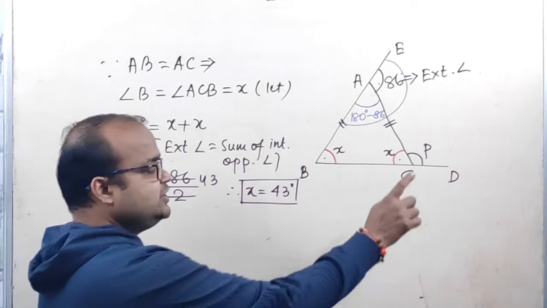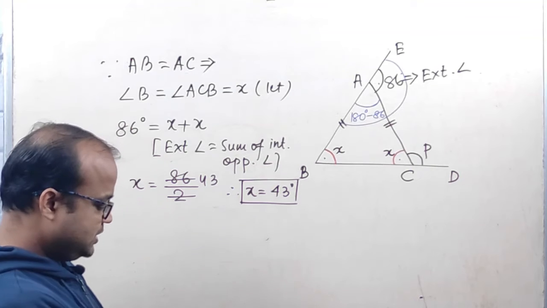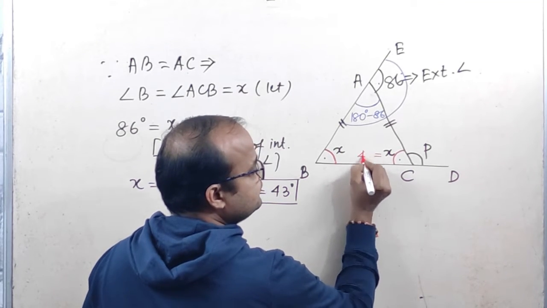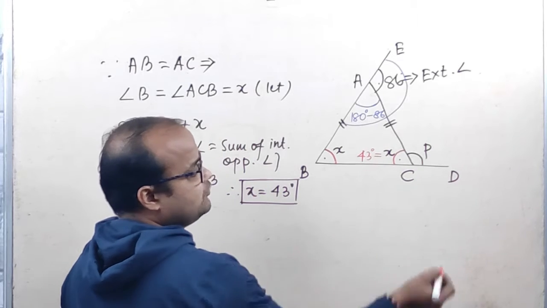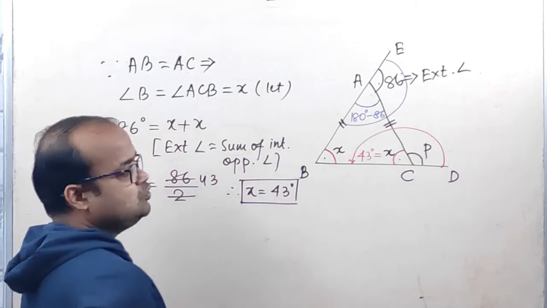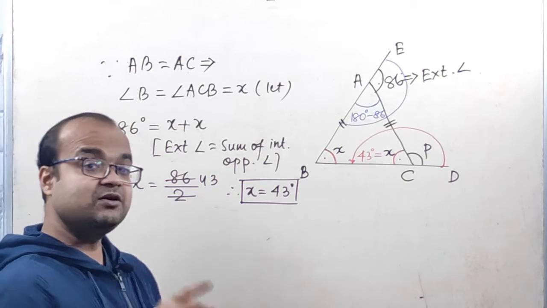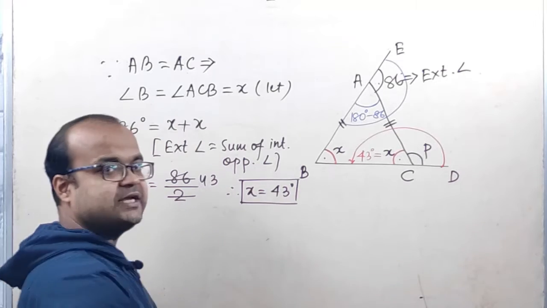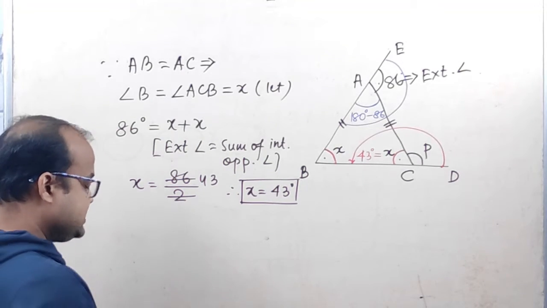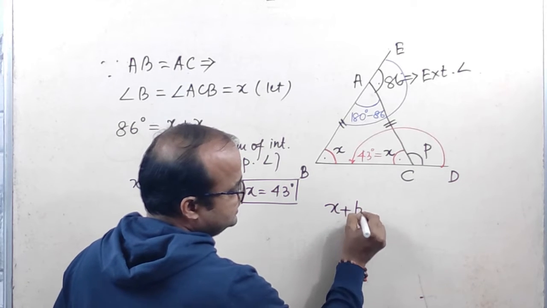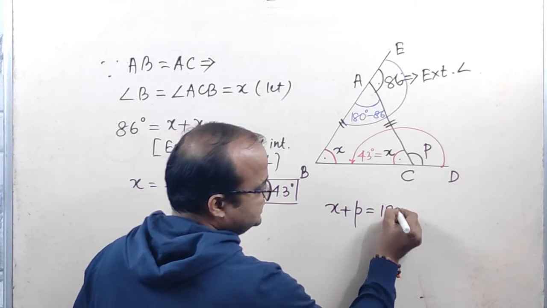Next we need to find out the value of P. So we got the value of x as 43. So we can say that x plus P equals 180 degree, as they are a linear pair, or BCD is a straight angle. So we can say that x plus P equals 180 degree.